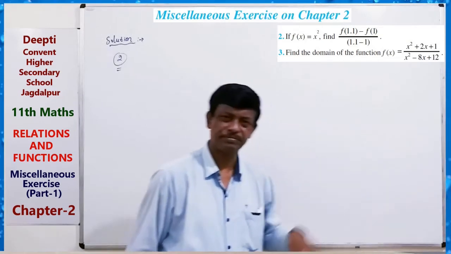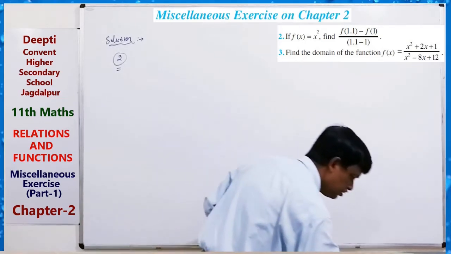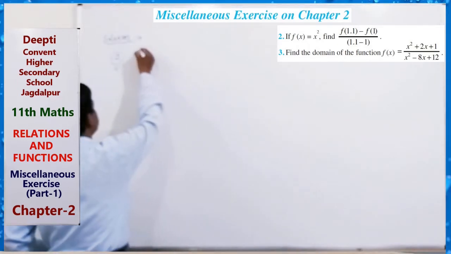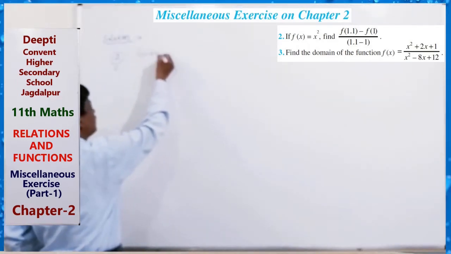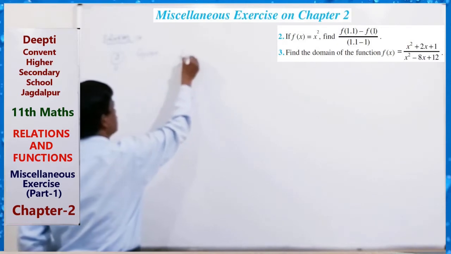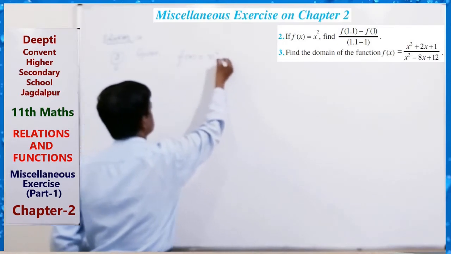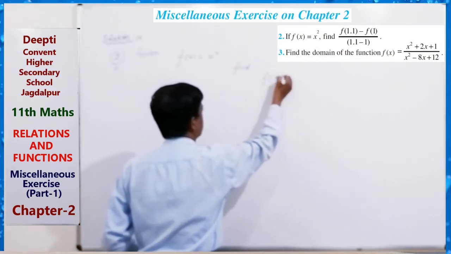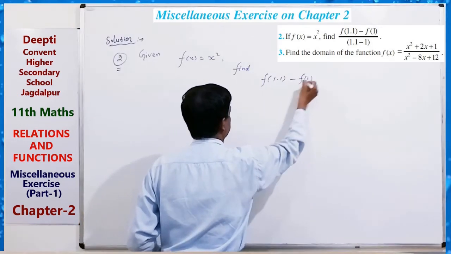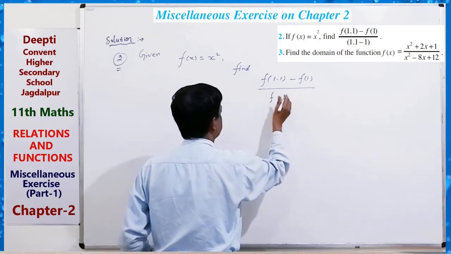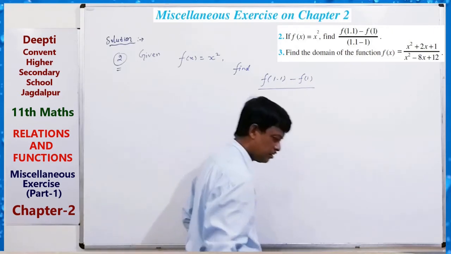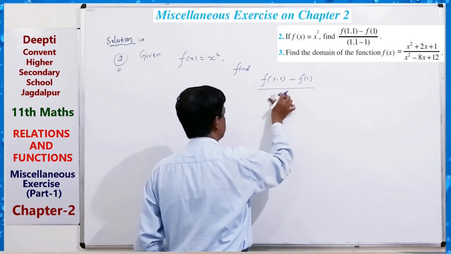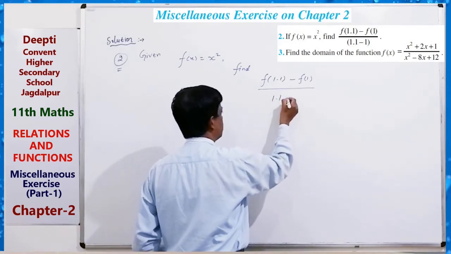Here fx equals x square. Given fx equals x square, find f(1.1) minus f(1) upon 1.1 minus 1.